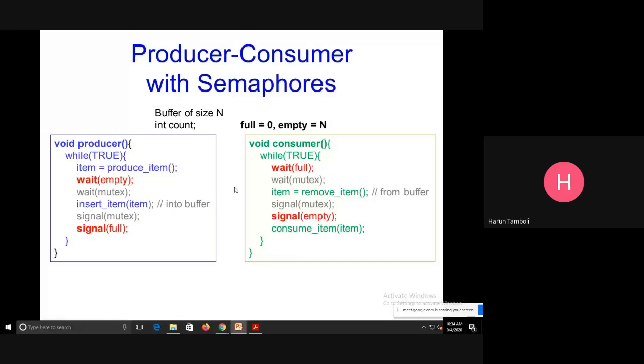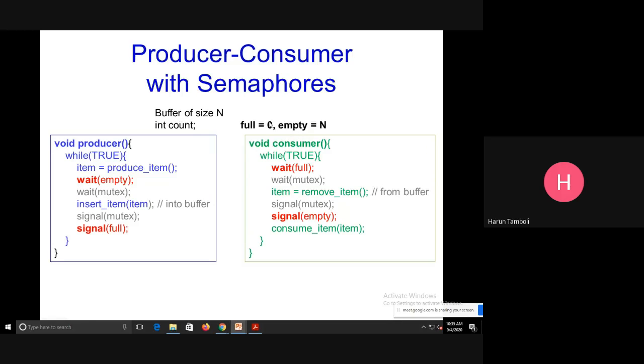Here, in the wait operation, first it will perform the wait operation on the empty variable, where the value of empty is set to n. First, look at the initialization: full equal to 0, that means there is no item in the buffer, the buffer is empty, and the empty variable is set to n. That is, if there are 5 buffers, then 5 empty blocks are there.